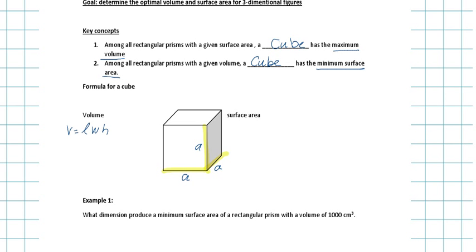That's right. A times A times A, which is A cubed. Okay? So if we're dealing with a cube, we're going to use the formula volume equals A cubed. We're going to forget about V equals L times W times H.